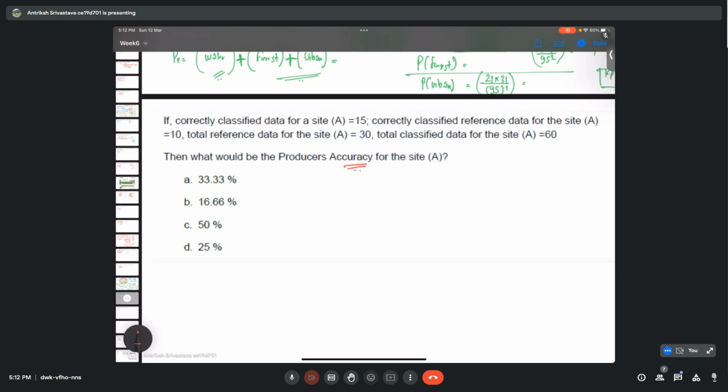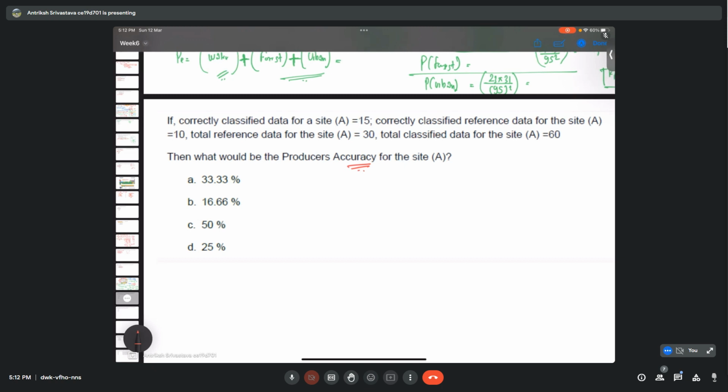What is producer's accuracy? Producer's accuracy is nothing but correctly classified divided by total data for, no, sorry, total reference data, right? Total reference data. So we have correctly classified. So how is it coming as D? I'm not sure.